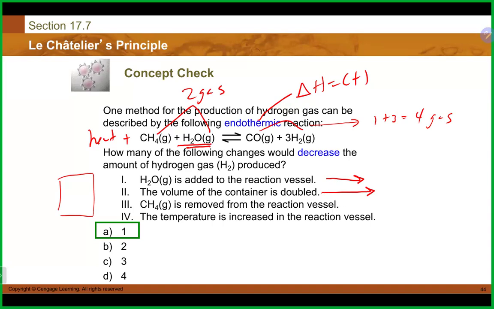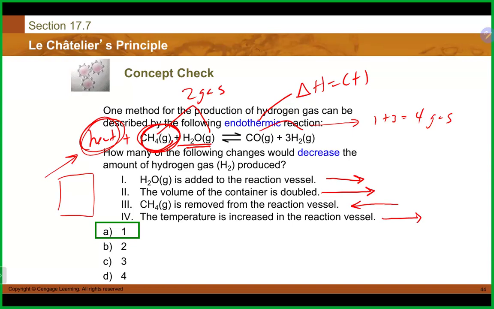And if CH4 is removed, CH4 is a reactant, which means it creates a hole on the reactant side, so it will shift to the left to fill that hole. And the temperature is increased, so this is an endothermic reaction. If we increase the temperature, it'll be like adding more reactants, and that will cause the forward direction to occur and will cause it to go to the right.